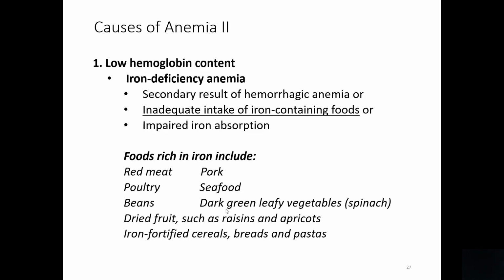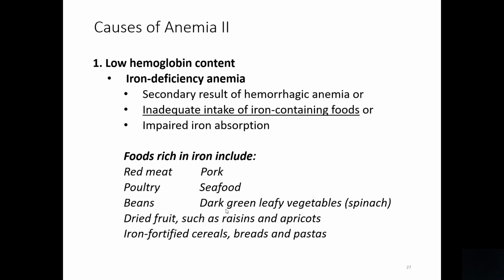So, the second cause of anemia is low hemoglobin content. So we have enough red blood cells, but they are pale and they don't have enough hemoglobin inside of them. The most common one would be iron deficiency anemia.